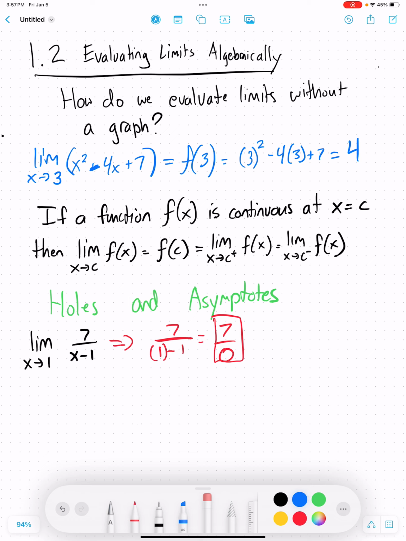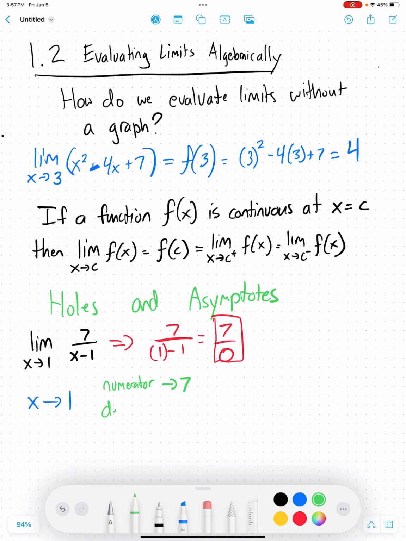This tells me that as I let x approach 1, the numerator of my fraction, because I'm working with a fraction here, right? My numerator is approaching 7. Okay, and in this case, it's not actually moving at all. It's always 7, right? It's constantly 7.